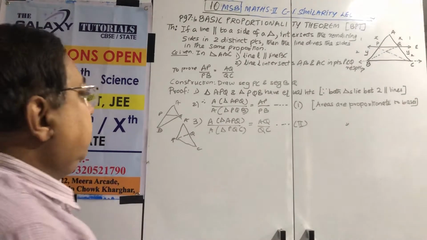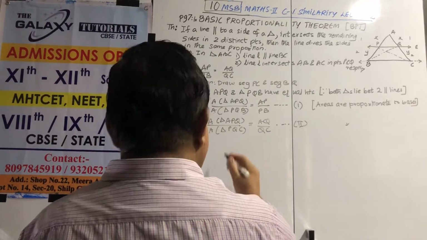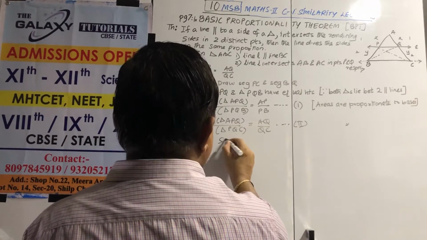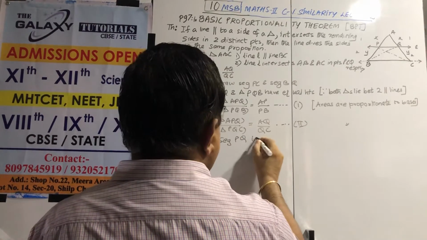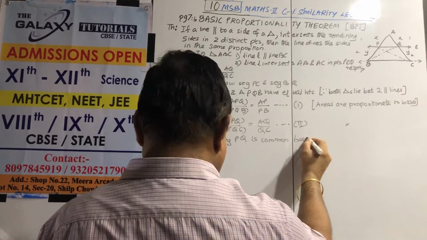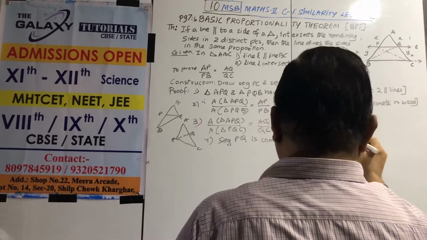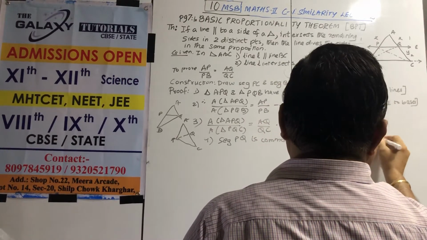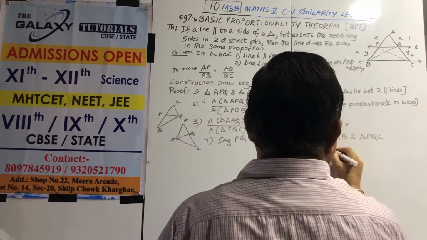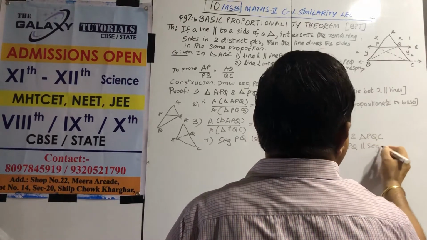Now, segment PQ is the common base of triangle PQB and triangle PQC, because segment PQ is parallel to segment BC, given.